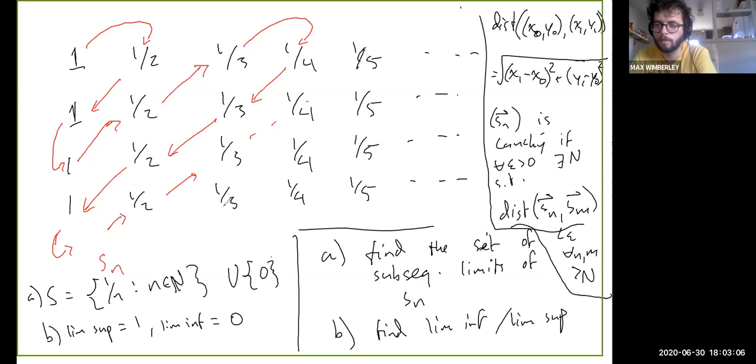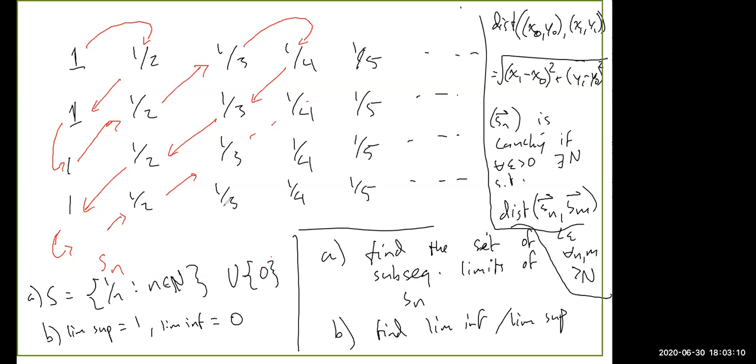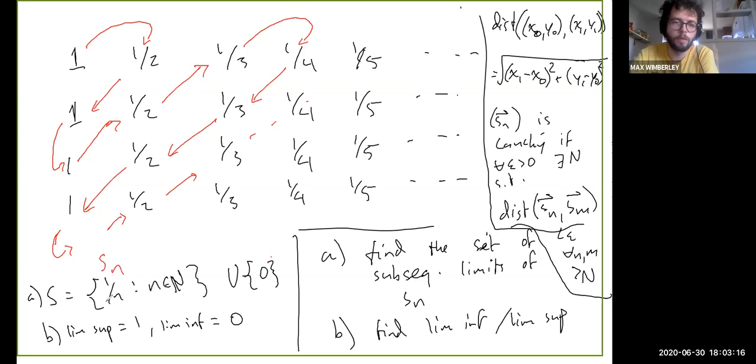Other questions? Oh, so the 1 over n would include the 0 as well in it, right? So we don't have to do union of 0 anymore. No, because 0 does not occur when you divide 1 by n, you'll never get 0 that way, right? So this set over here does not have 0 in it.